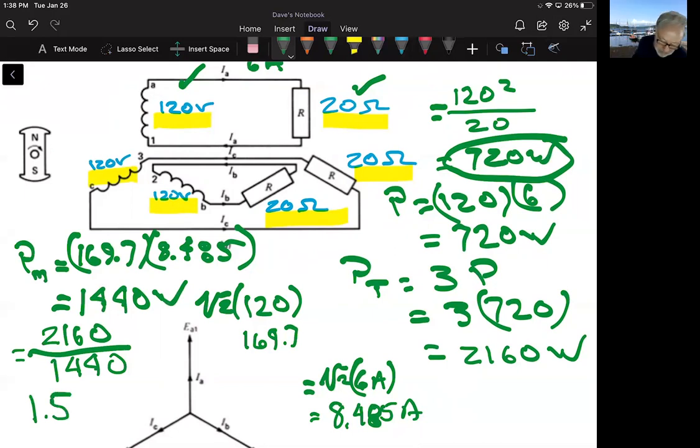So whereas the power in each resistor pulsates between 0 and 1440, the total power for all 3 resistors is unvarying and equals 2160 watts. An interesting little trip there to come to that number of 1.5. That's where it comes from, and that's how that works.